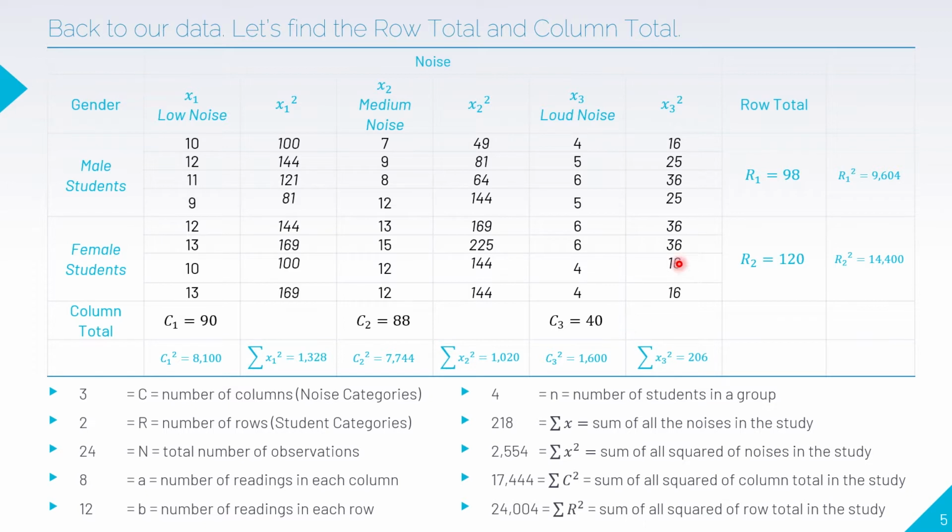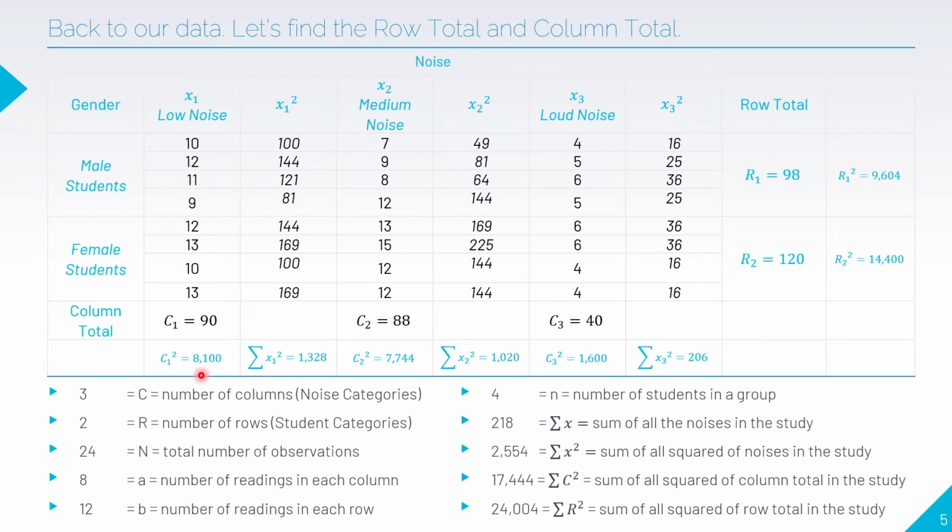In our loud noise, 4 squared is equal to 16, and adding these all, we have the summation of x sub 3 squared, which is 206. Same as our x squared, we need to square our column totals too, because we need them later in our solution, so we can square them earlier.